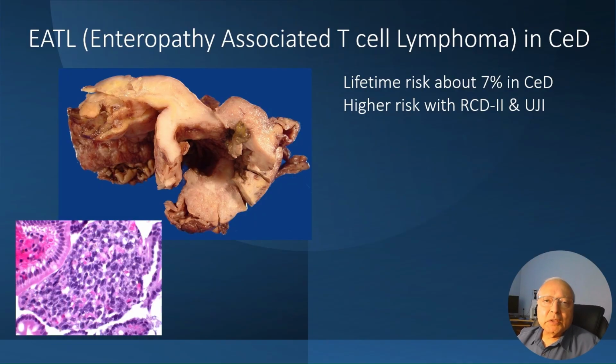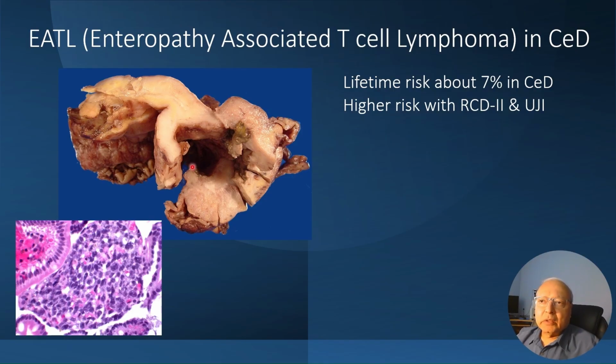Enteropathy associated T cell lymphoma is a special type of lymphoma that is almost exclusively seen in celiac disease. And the lifetime risk of this in celiac patients is about 7%, but the risk is really mainly seen in patients who have refractory celiac disease type 2 and who may have ulcerative jejunoileitis associated with it.